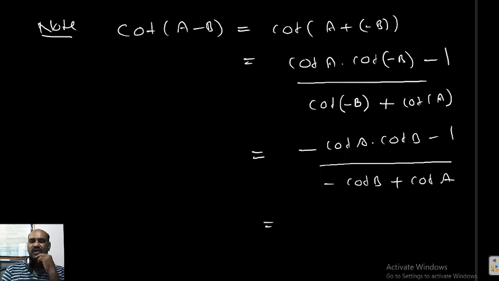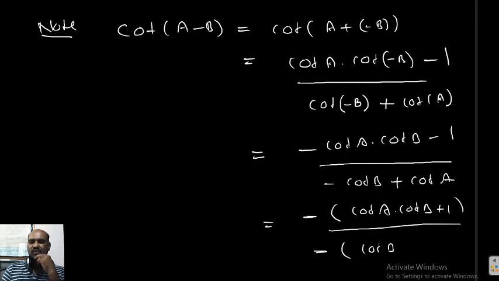In the numerator I take minus common, so we get cot A cot B plus 1. In the denominator I take minus common, so we get cot B minus cot A. This minus gets cancelled.